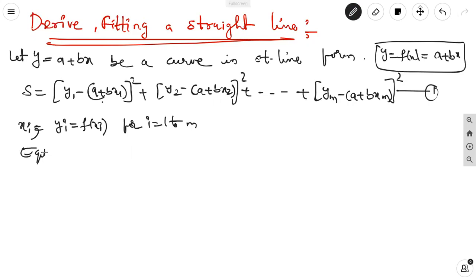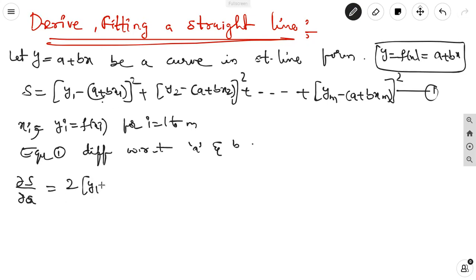Equation 1 is differentiated with respect to the constants, a and b. Dou S by dou a, that is the partial derivative, equals 2 into y1 minus a plus bx1, into the derivative of a, which is 1.